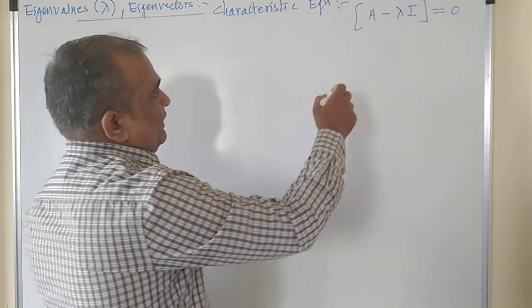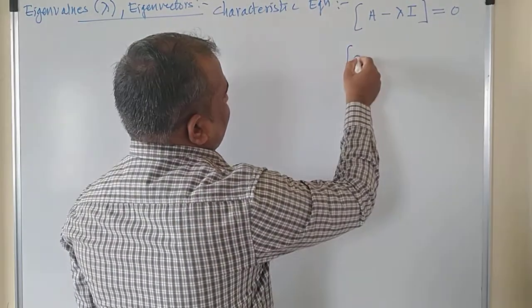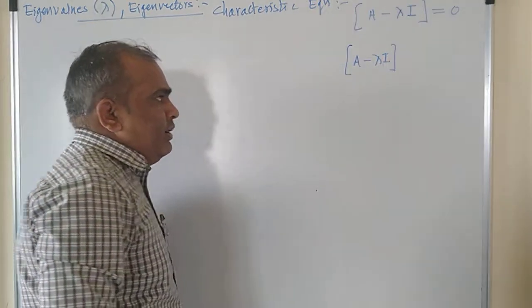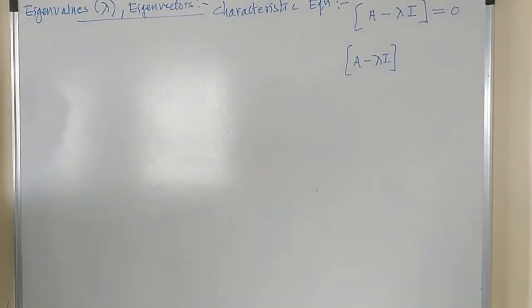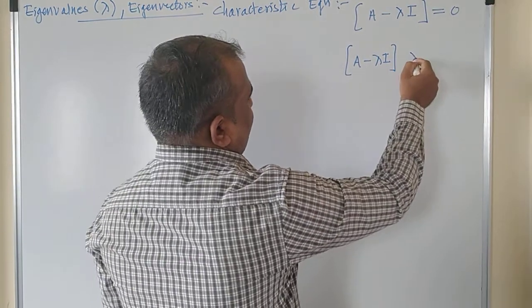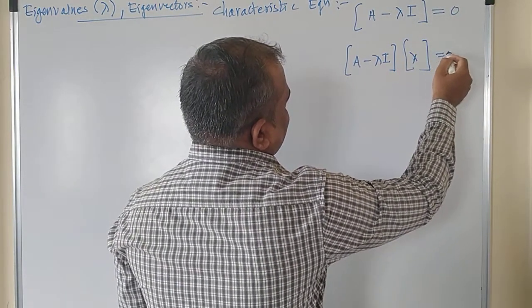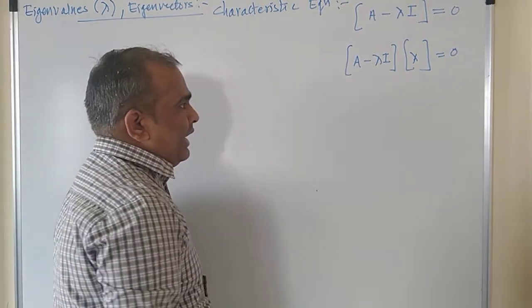Eigenvectors are calculated by taking this characteristic equation and multiplying it by the eigenvector. Let us suppose X is the eigenvector matrix, and equating to 0 will give you the eigenvector.